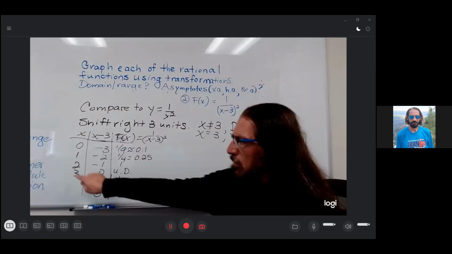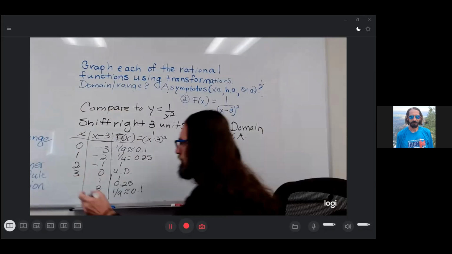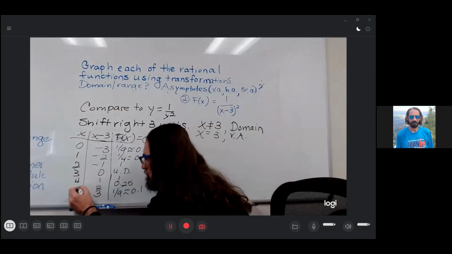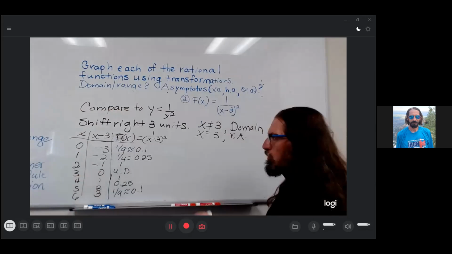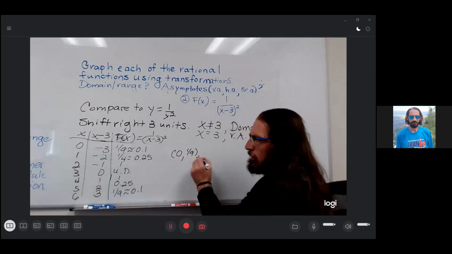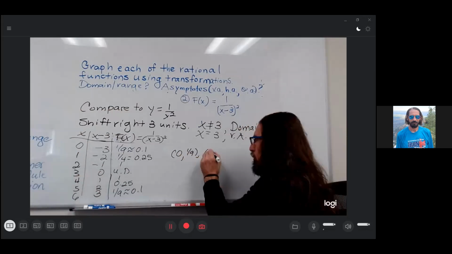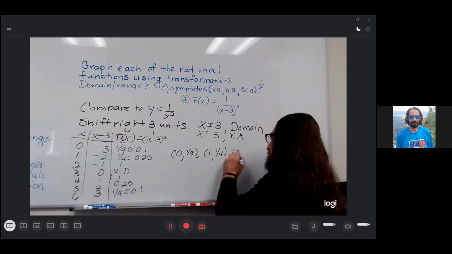Now at x equals 3, the function will be undefined. We're going to plot 0, 1/9, 1, 1/4, and 2, 1.